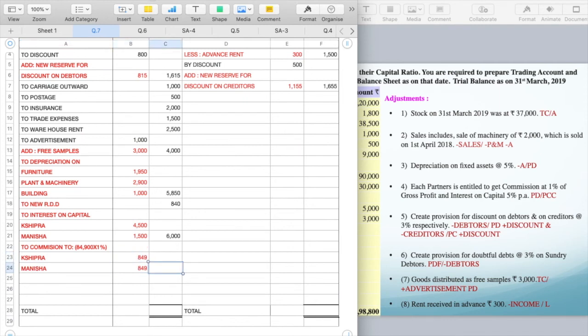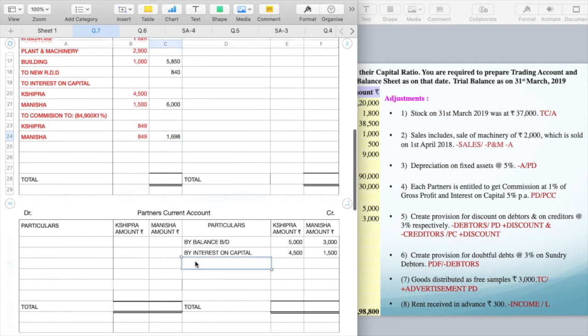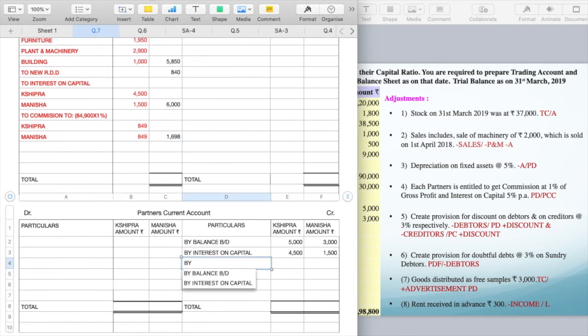So the total in the outer column will be 1698. Alright. So the second effect of the same, we have to give it into the partners' current account by commission 849. Okay. So now we are done with all the adjustments.